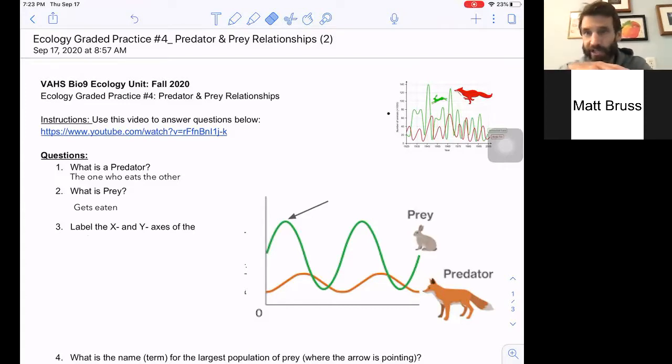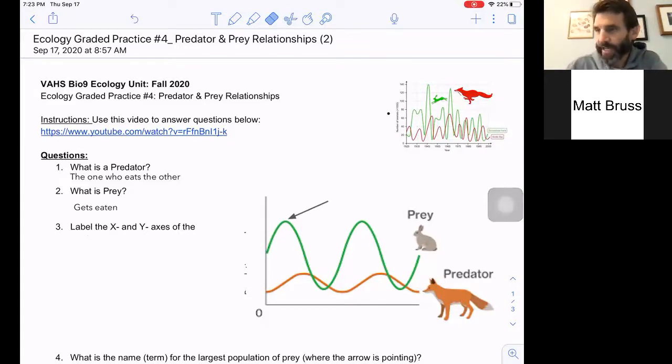We also mentioned, just like the speaker in the YouTube video mentioned, that when we're talking about predator-prey relationships in an ecosystem, we're not talking about single individual animals, Wile E. Coyote and the Roadrunner. We're talking about whole populations. And in this case, we're talking about whole populations of foxes and whole populations of rabbits, all of the animals that live in that space.